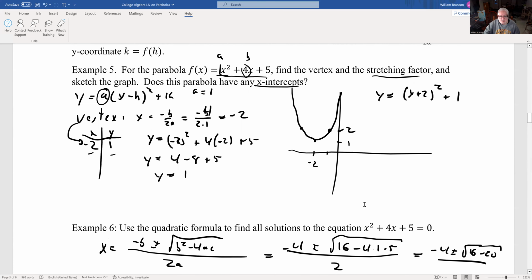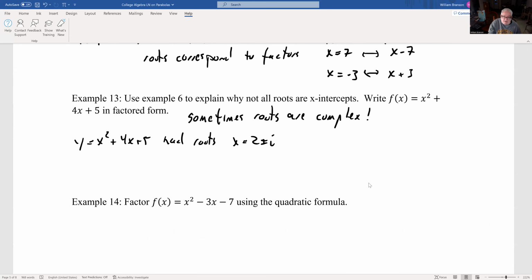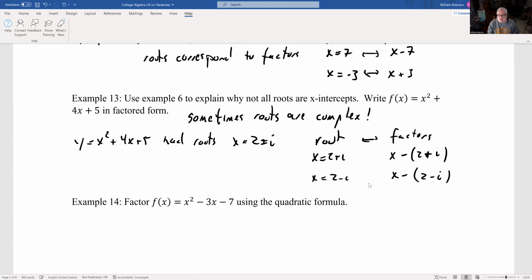But we can still factor with that, because if the root is x equals 2 plus i, and the other root is x equals 2 minus i, then the factors are x minus the quantity 2 plus i, and x minus the quantity 2 minus i. So x minus the root gives you a factor.